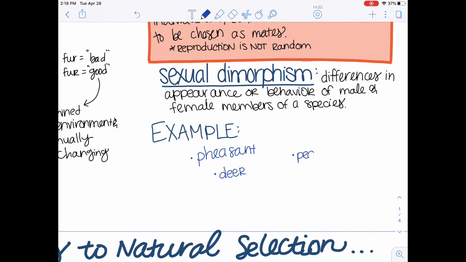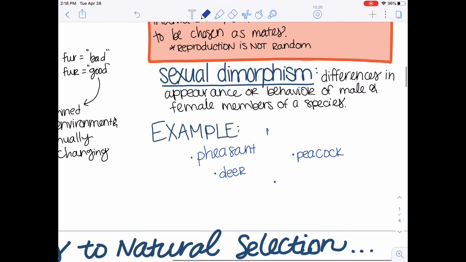Peacock, the male. The males are the ones with the big, beautiful tail feathers. Pheasant, deer, peacock. This is where you guys always help me with these examples, because now I can't think of any more, but I know there's so many more where it always tends to be the male that has prettier features, all to entice a female to mate with.